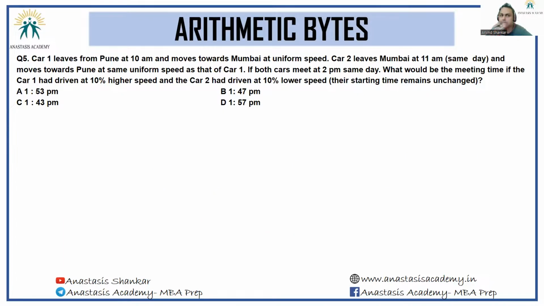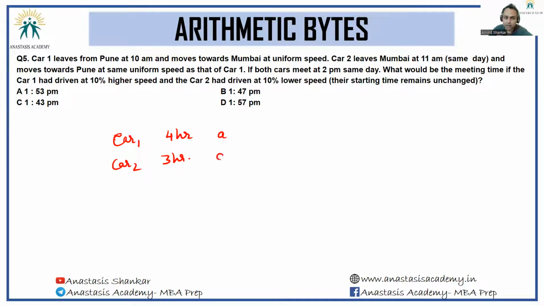Last question. Car 1 leaves from Pune at 10 a.m. and moves towards Mumbai at a uniform speed. Car 2 leaves Mumbai at 11 a.m. same day and moves towards Pune at the same uniform speed as that of car 1. If both cars meet at 2 p.m. the same day. Okay. So car 1 has traveled for 4 hours and car 2 has traveled for 3 hours, and both of them have traveled at the same speed.